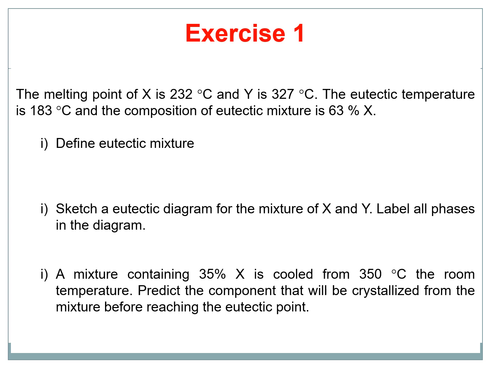Next question will be a mixture containing 35% X is cooled from 350 degrees Celsius to the room temperature. Predict the component that will be crystallized from the mixture before reaching the eutectic point.